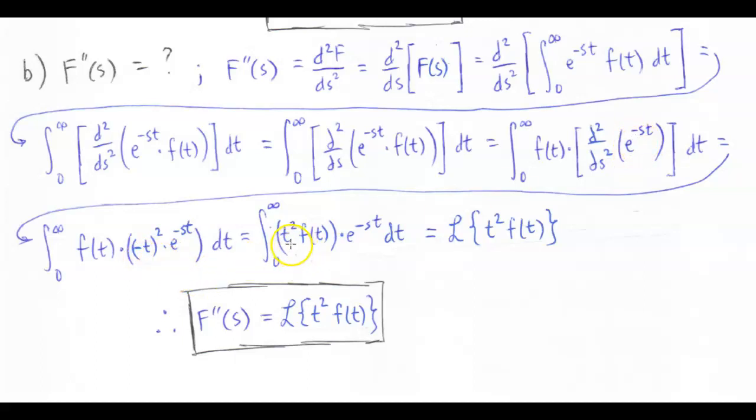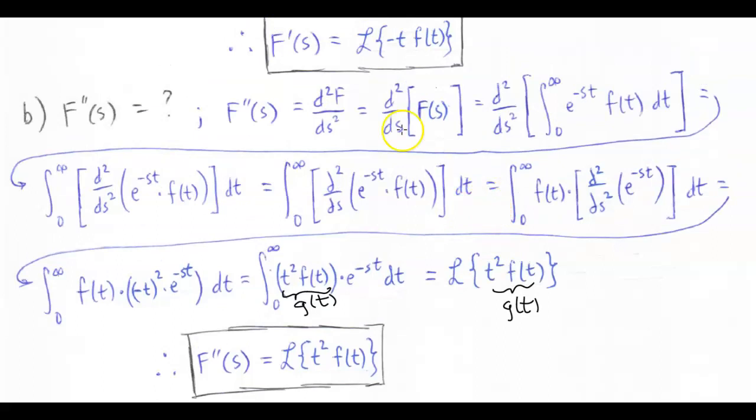Of course, that simplifies to t squared times f of t. And we see here again, this particular function is kind of like our g of t. So we're taking a Laplace transform of g of t, because this by definition says that, and my g of t just looks like t squared f of t. Okay.